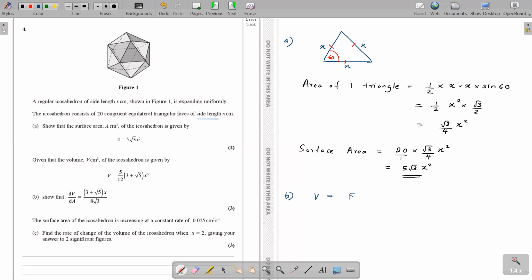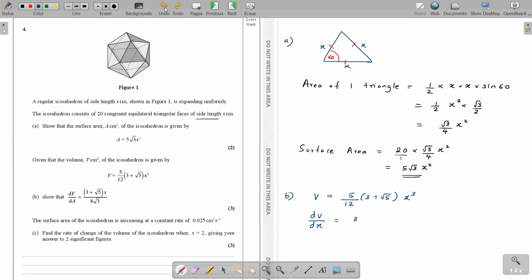Volume equals 5 over 12 times (3 plus root 5) into x cube. So first I get dV by dx. When you differentiate with respect to x, do you see that 5 over 12 into 3 plus root 5? All of these are constants. Do we need to bother about these when differentiating? No, just leave them aside.